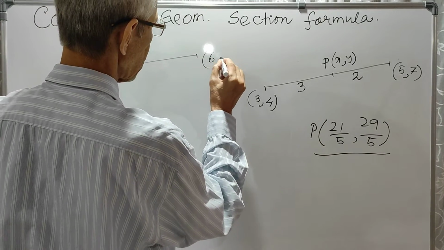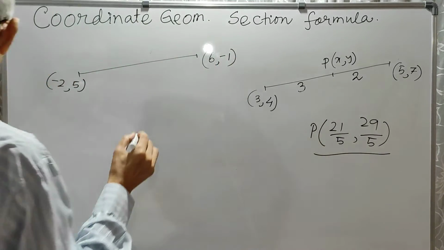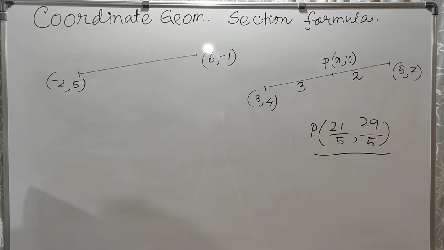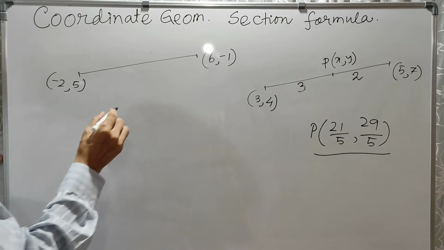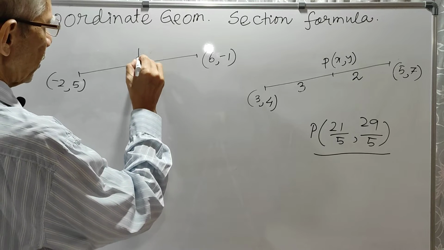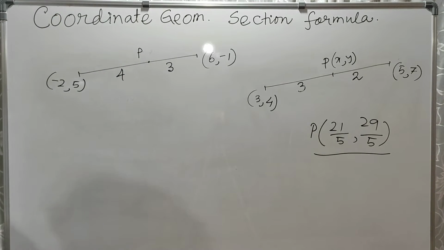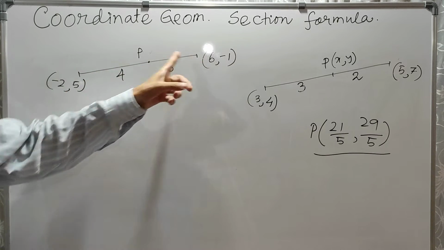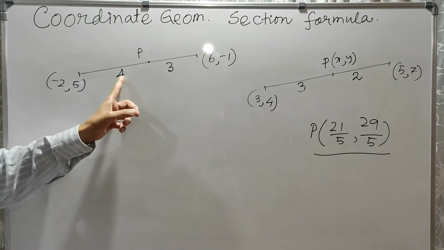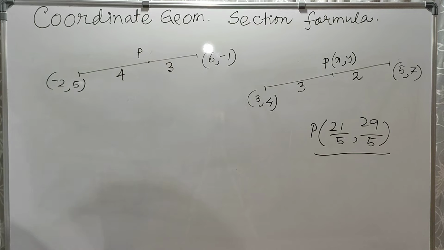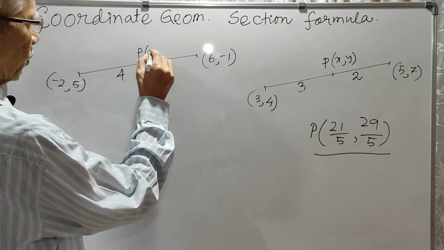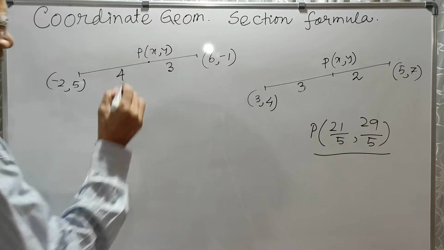And P divides it in the ratio 4:3. So P divides this straight line joining this point and this point in the ratio 4:3. Now we have to find coordinates of P.